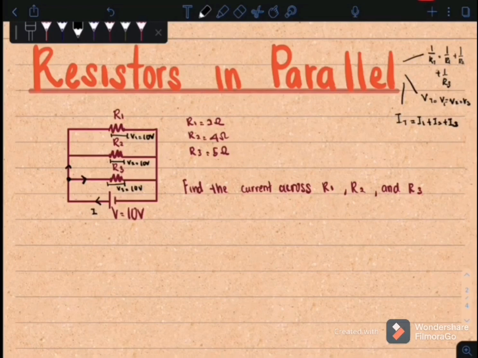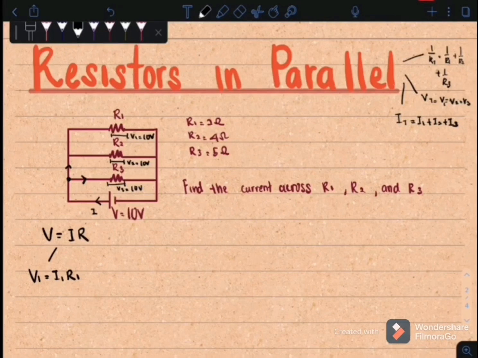So what I'm going to do here is use my Ohm's law. V is equal to IR. This is the magical equation in the chapter on resistor in series and parallel. It is very helpful. So as you can see, if I want to find the current across R1, I'm going to simplify this equation such that V1 is equal to I1 R1, where Ohm's law is now focused across resistor 1 only.